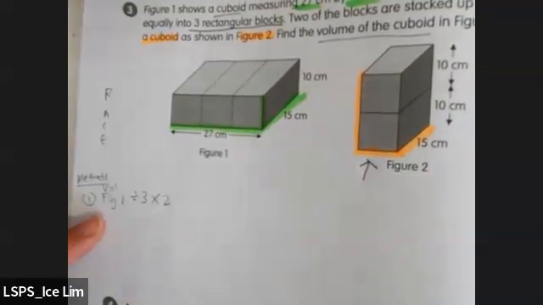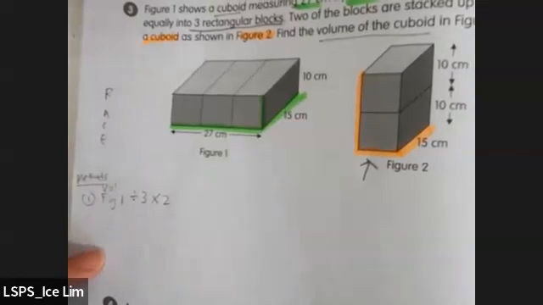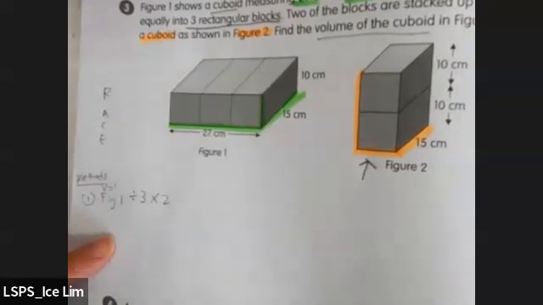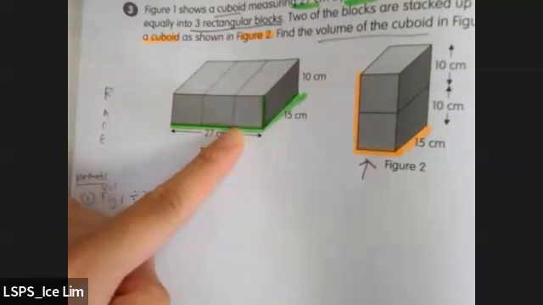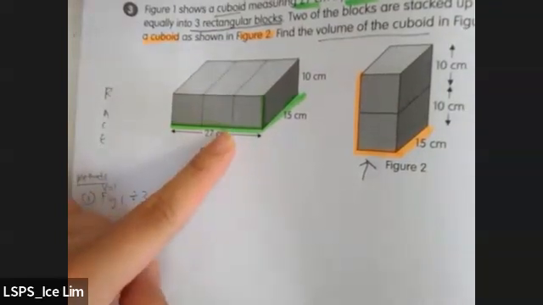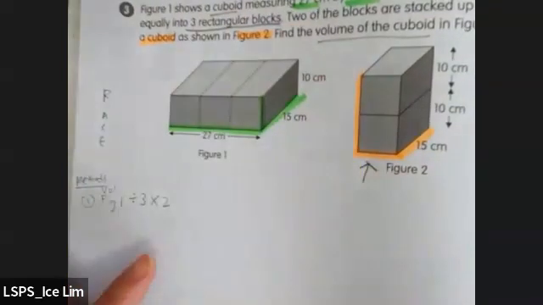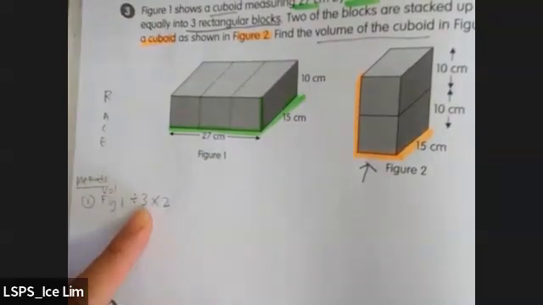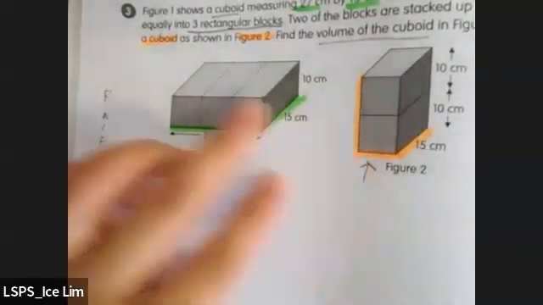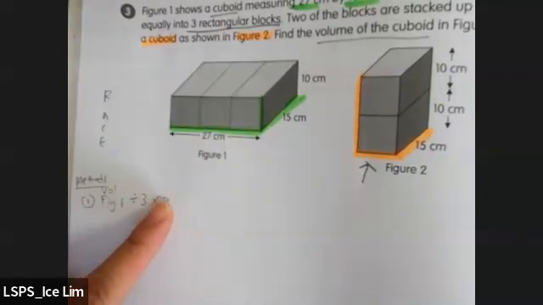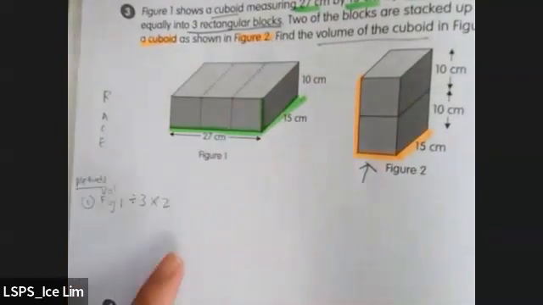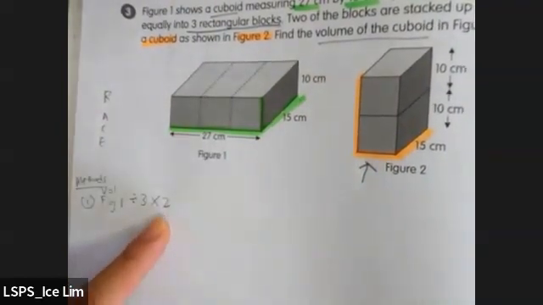Ultimately, you are the one going to decide which one works for you. So method number 1 is I find this whole volume and I follow the story. The story says I cut into 3, so I divide by 3. Then I stack up 2. Actually, whether I stack up or not doesn't really matter. It's 2 of these blocks, so I times 2. Can you understand this first method?